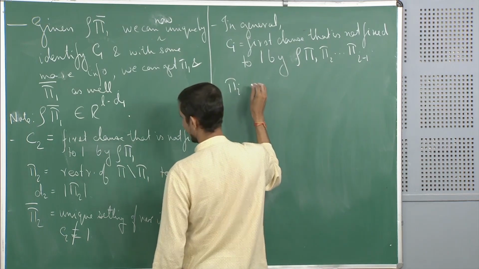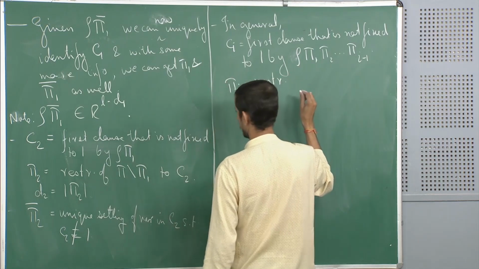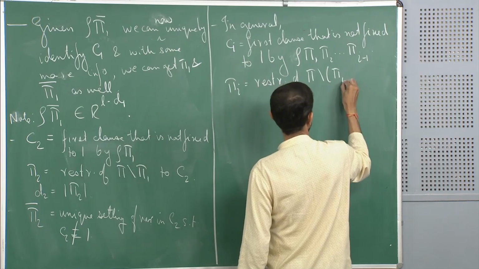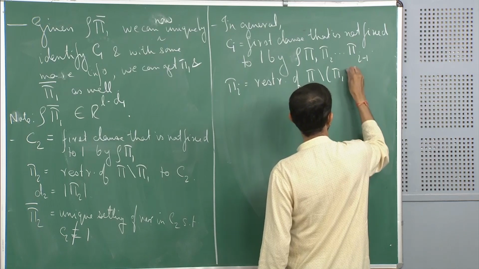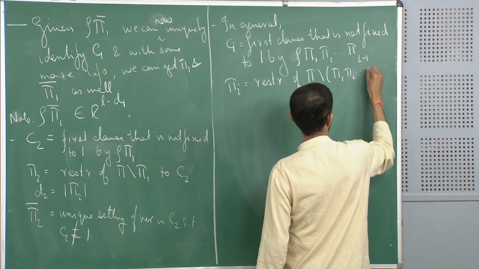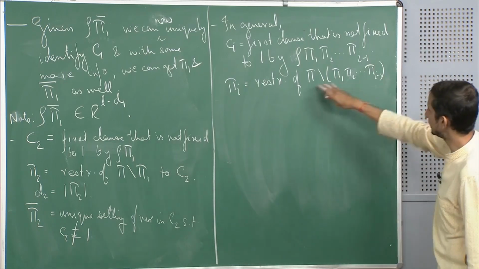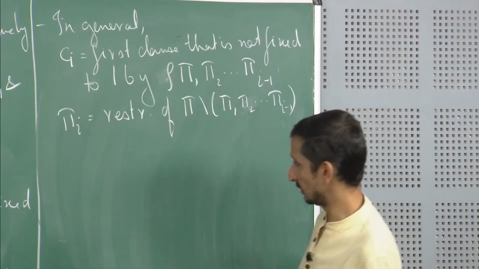Now pi i will be the restriction of pi minus pi 1, pi 2 up to pi i minus 1. So remove all these variables from pi and look at what remaining variables belong to this clause.